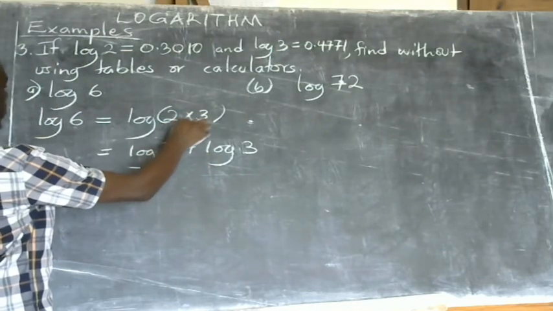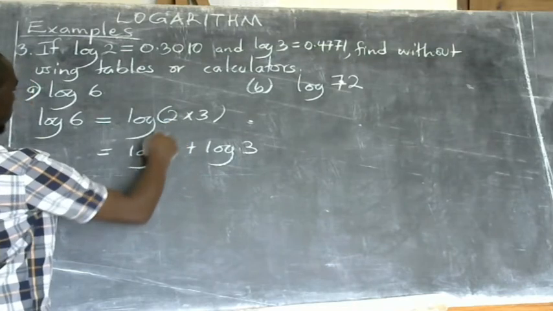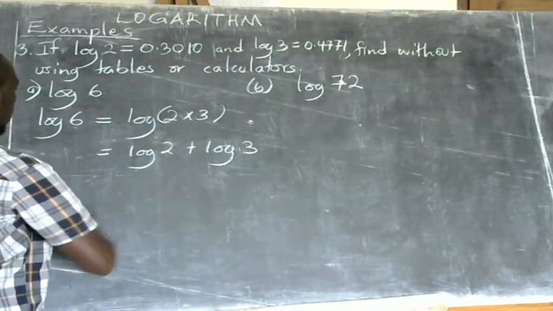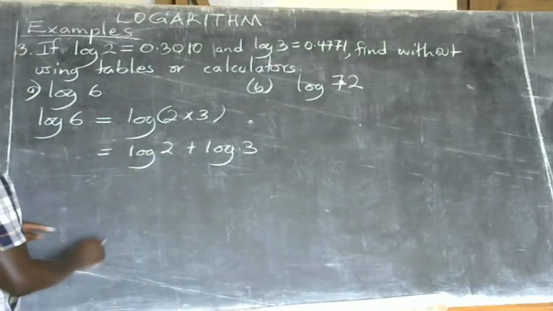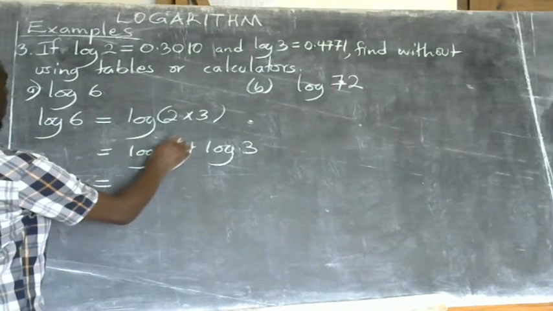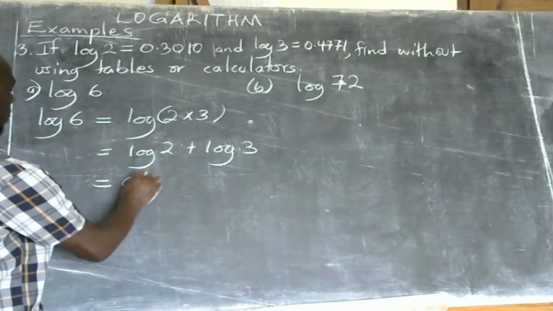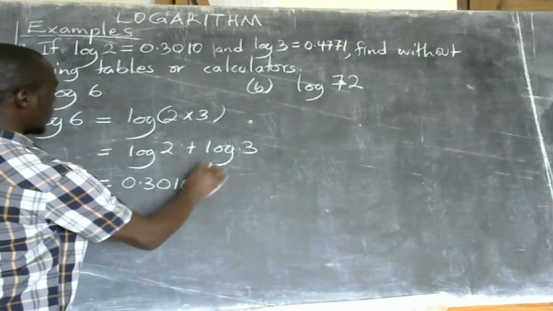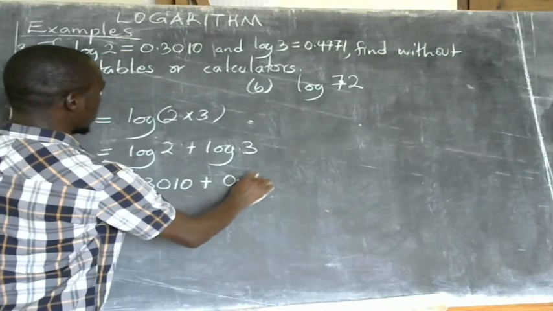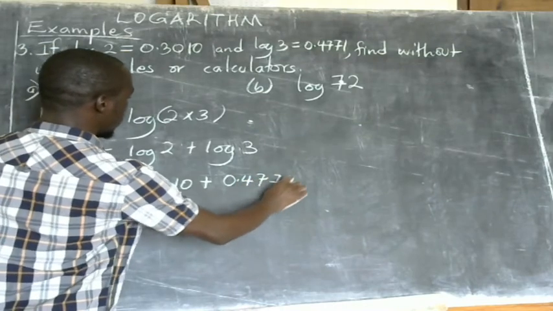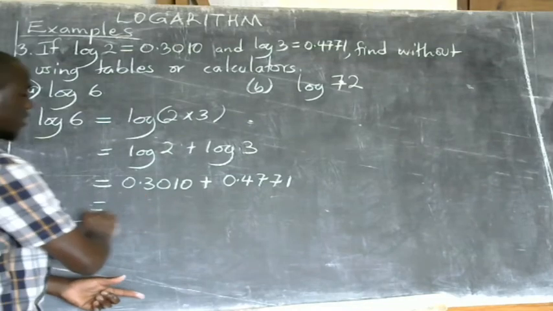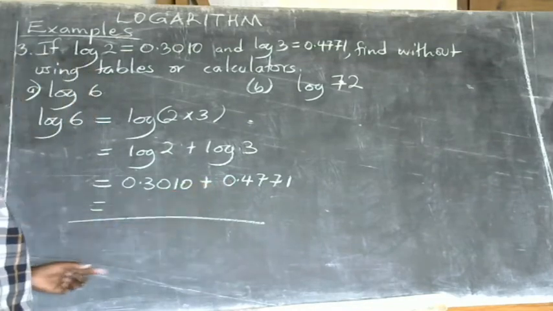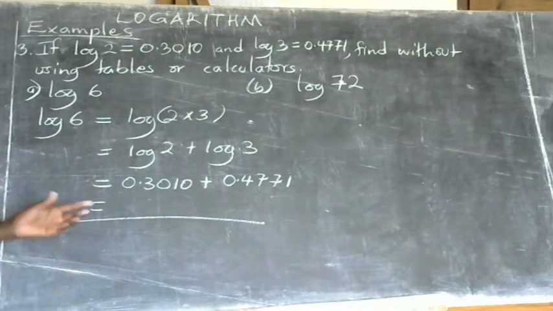This is a combination, then this is separate logarithm, keeping the base. The base, if you don't see the base, just take it to be base 10. So this one here has been given in the question as 0.3010, then plus 0.4771. Then from here, you can easily add the 2 using a carry, and then you write the answer.